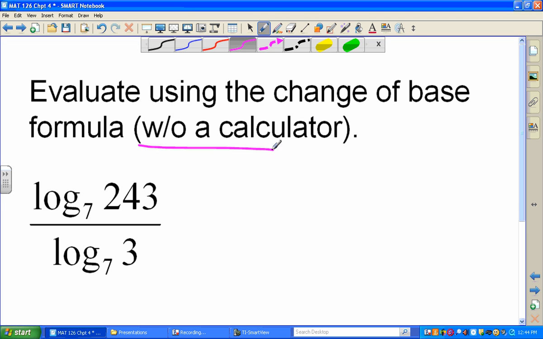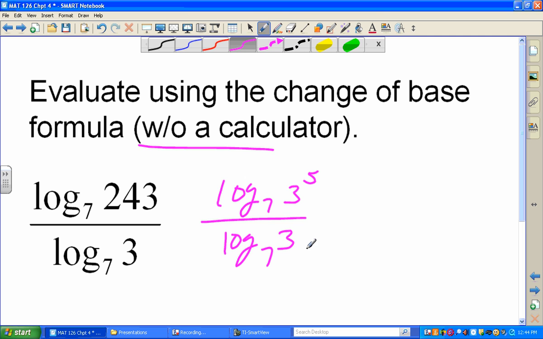Estimate without a calculator. How would I ever ask you to do this? On the test, I'd say put away your calculators. It's that easy. I've done it before. I'll do it again. All right. 243 is 3 to what power? 3 to the 5th it is. And using my powers of the log laws, I know I can drop the exponent out in front.